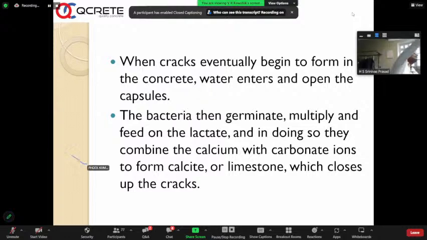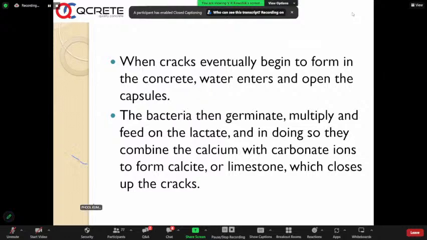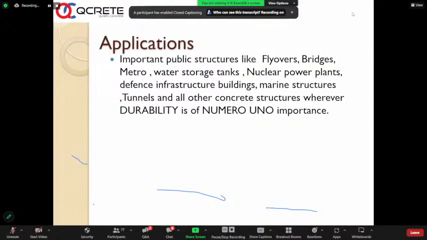the concrete structure. So in those situations, which are of national importance, we need to have these kinds of healing agents. As I said, the applications are in flyovers, bridges, metro, water storage tanks, nuclear power plants, defense infrastructure buildings, marine structures, tunnels, and all other concrete structures, wherever durability is of top importance.